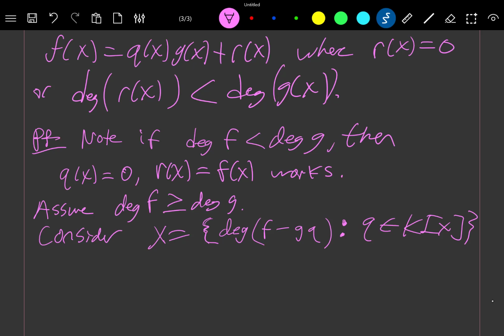And let's not include negative infinity.